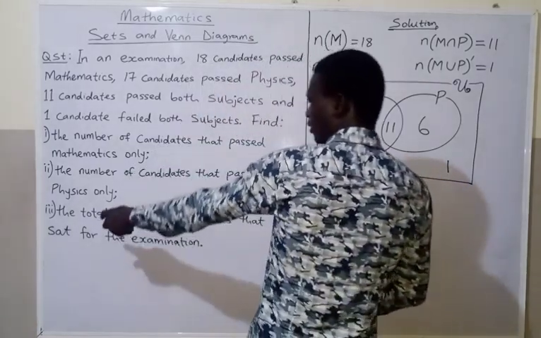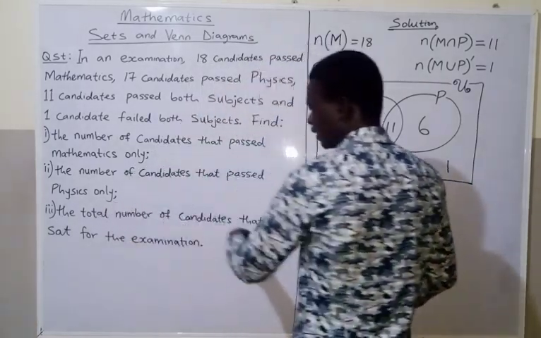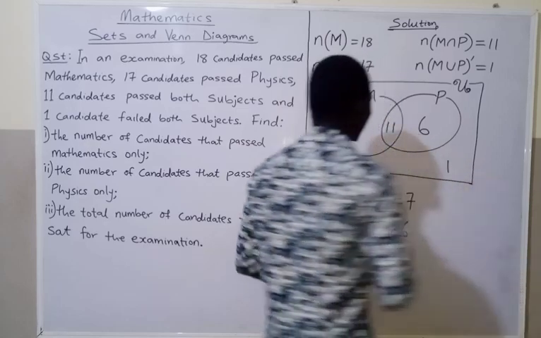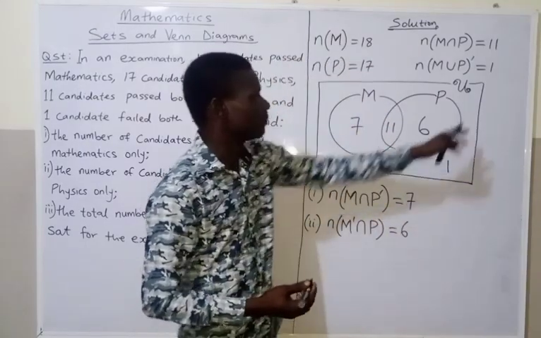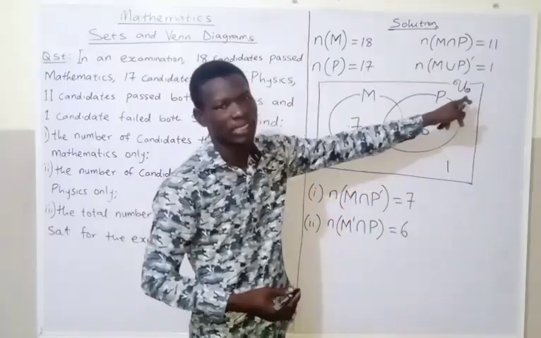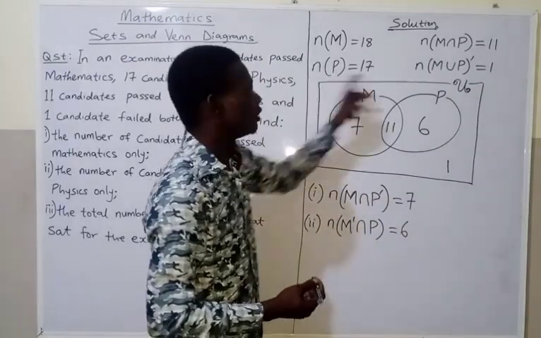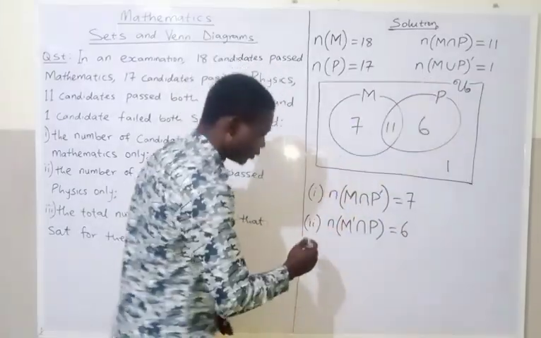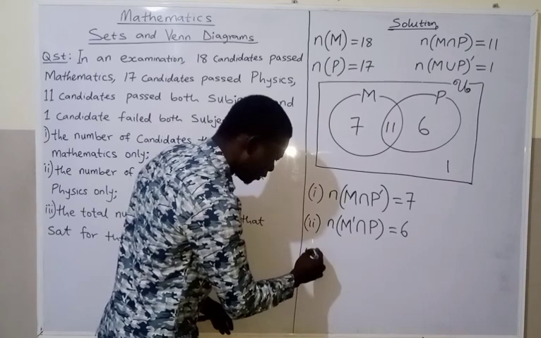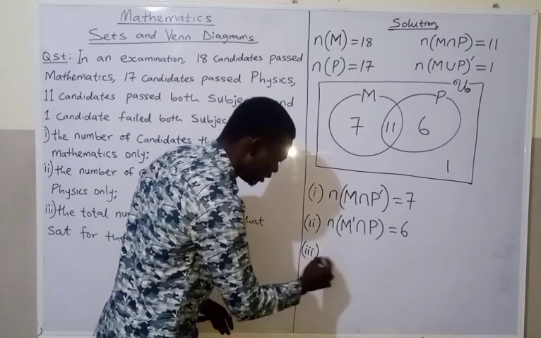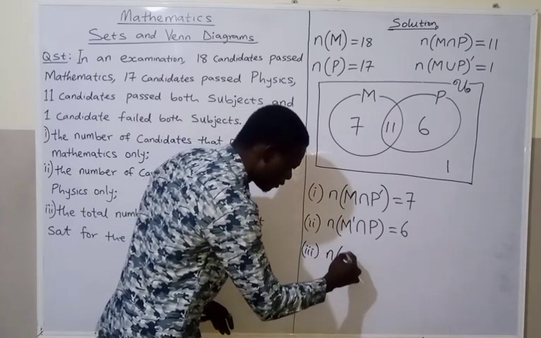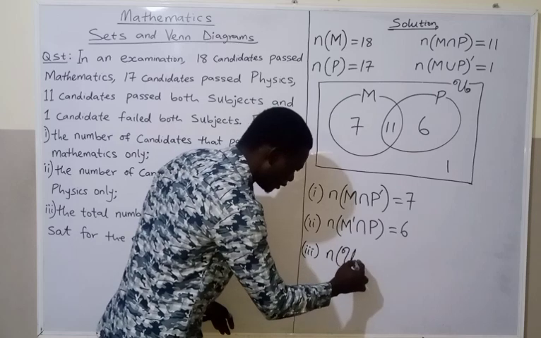Finally, the question asks us for the total number of candidates that sat for the examination. And of course, the total number of candidates that sat for the examination is the representation of the universal set. And that is the number that are enclosed in the whole of this rectangle. So, number of candidates that sat for the examination, that is number of the universal set.